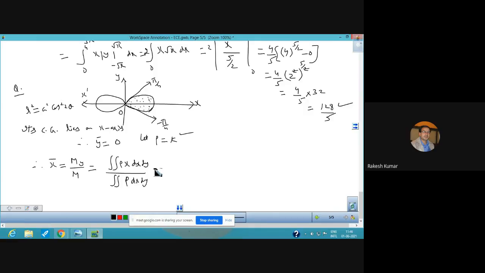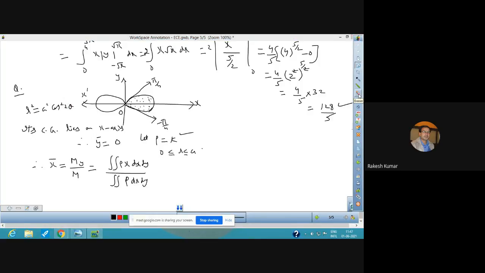So you can use the values, and you can also have the limits. The r varies from 0 to, from this equation you will have a. Sorry, square is not there in the equation.